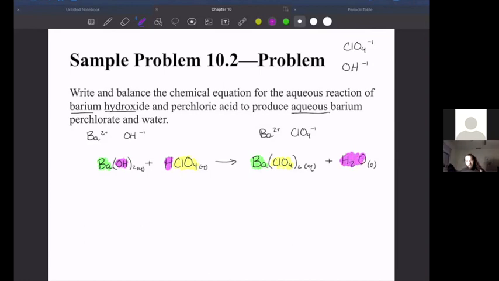So because that's a little bit less clear, I'm going to focus on everything else first. Let's make sure the bariums are balanced, make sure the chlorates are balanced, and then we'll go back and worry about the hydrogens and the oxygens. So barium, as it is, I have one barium on my reactant side, one barium on my product side. Cool. I have one of these perchlorates on this side, but I have two of them over here. So I'm going to go ahead and balance that by putting a 2 out front.